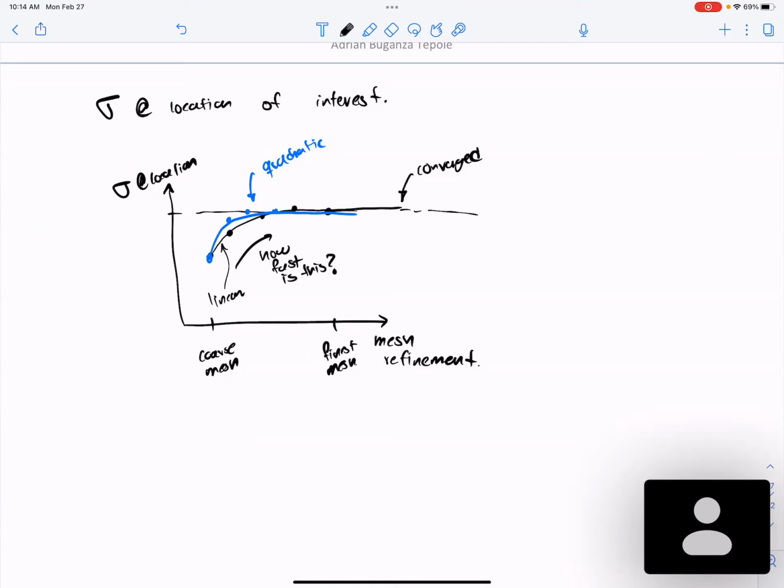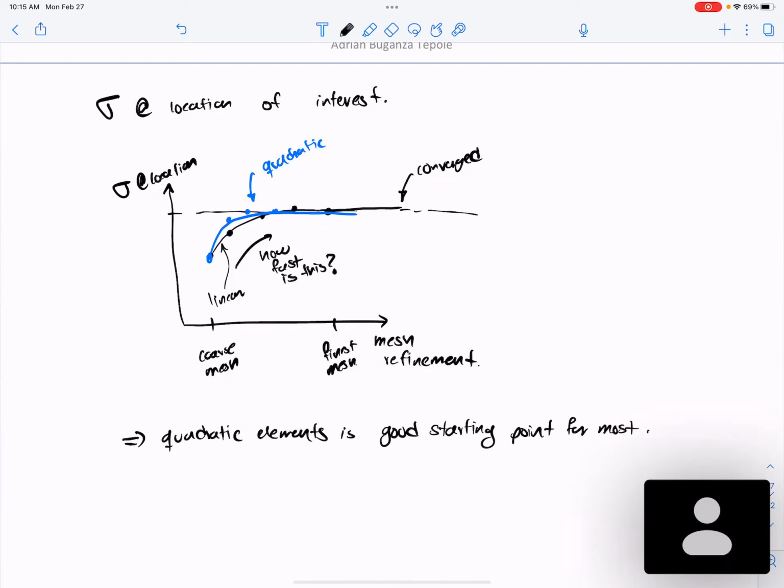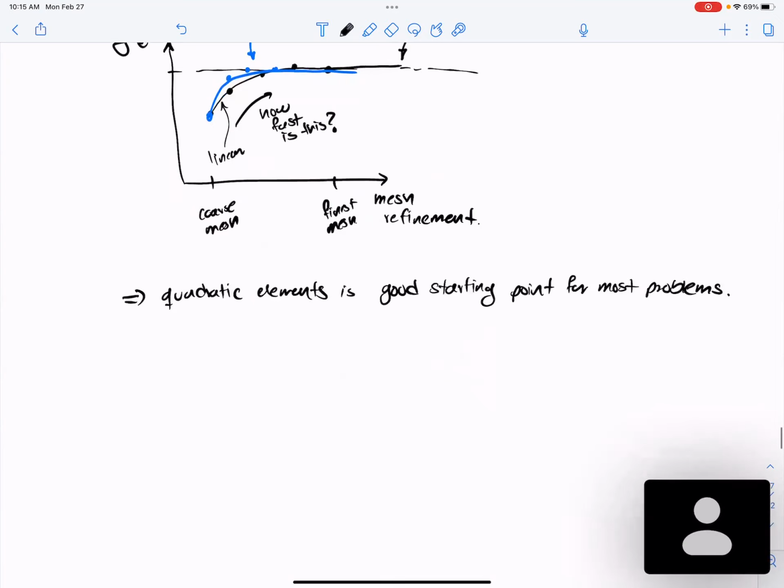I would say a good rule of thumb is that quadratic elements are a good starting point for most problems. There are a few exceptions though, for which using linear might be more advantageous.